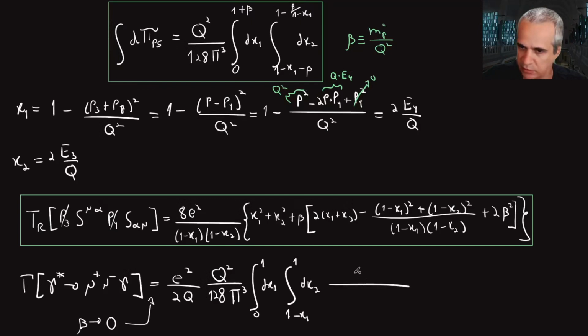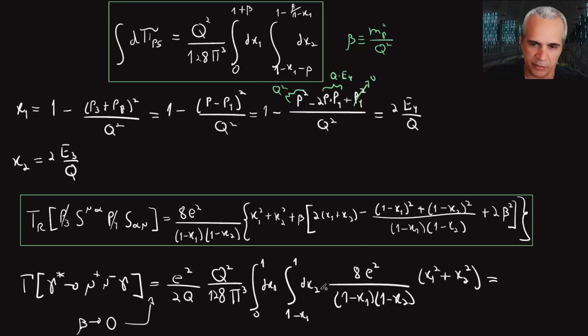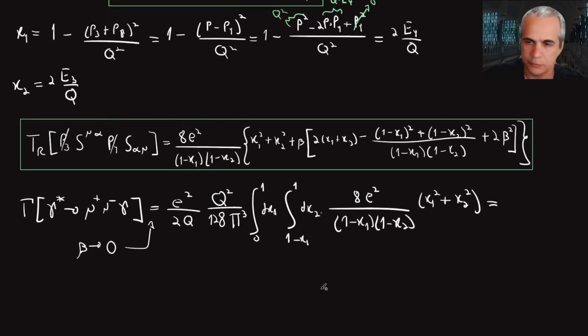This is 8e squared, 1 minus x1, 1 minus x2 times x1 squared plus x2 squared, right? This integral you can do, right? It's just simplifying it a little bit here. We won't actually do the integral, we just want to check when it diverges, right?